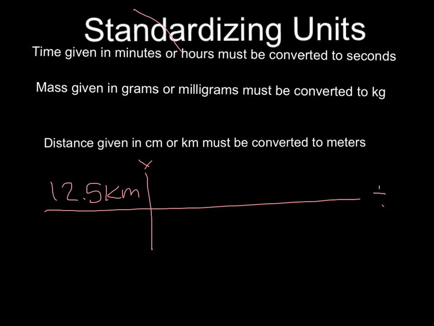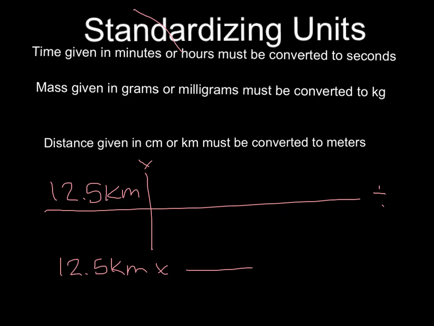So if you haven't seen this form of dimensional analysis, it's basically the same dimensional analysis, just kind of compacted a little bit more. It's just kind of a little bit more organized.